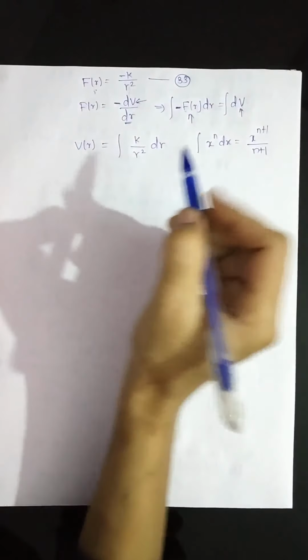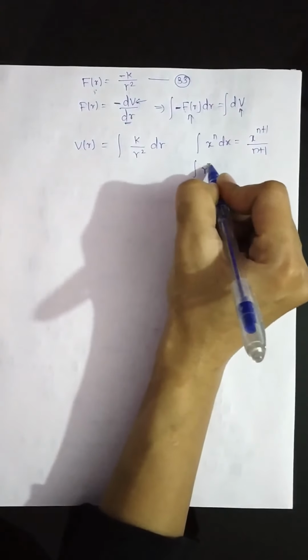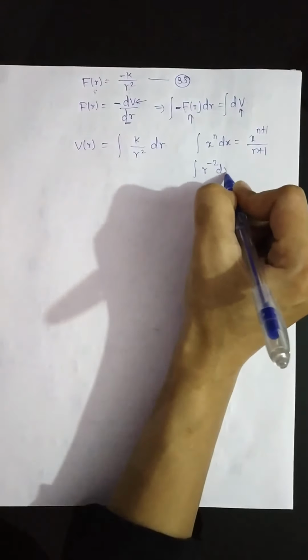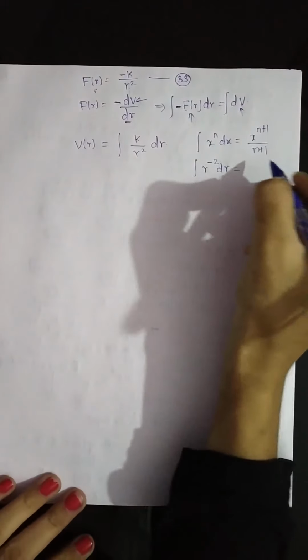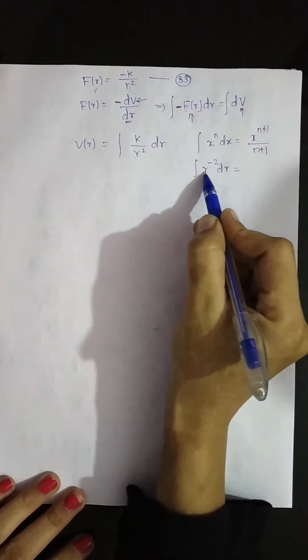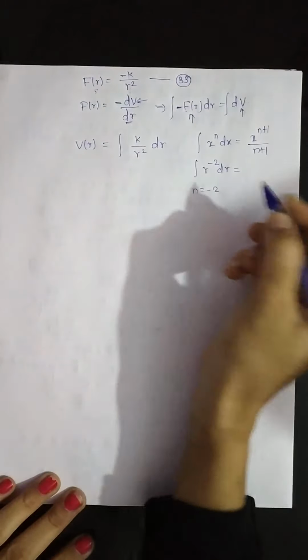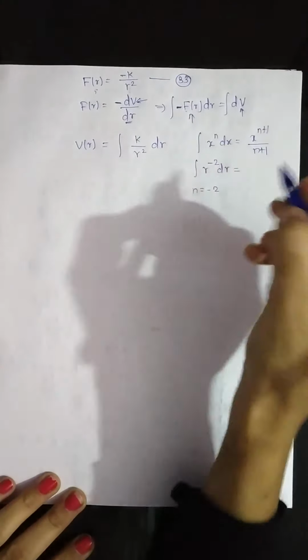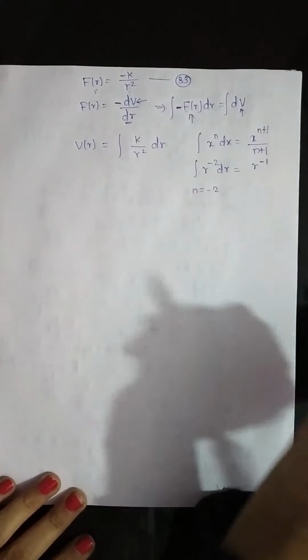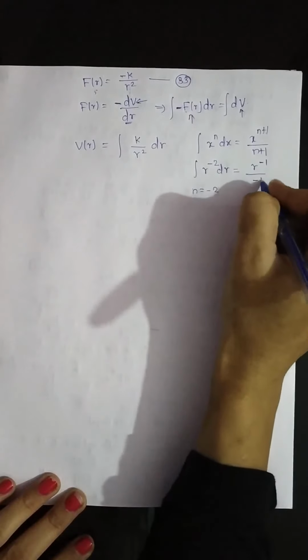In our case we have 1 by r square, which we can write as r raised to minus 2 dr. So this integration will be r raised to n plus 1, where n is minus 2, so minus 2 plus 1 gives r raised to minus 1, upon again n plus 1, that is minus 2 plus 1, that is minus 1.